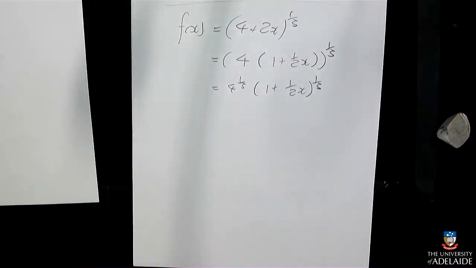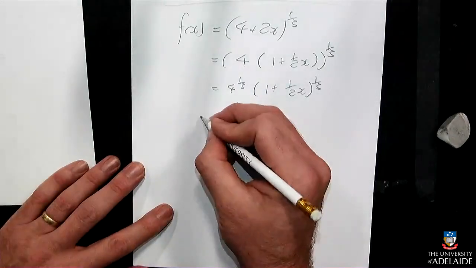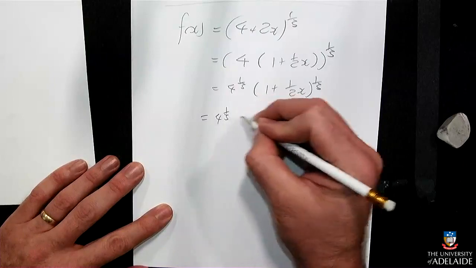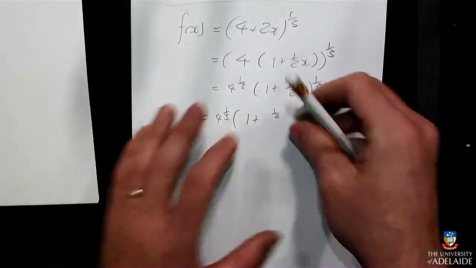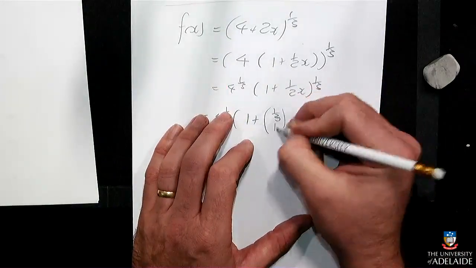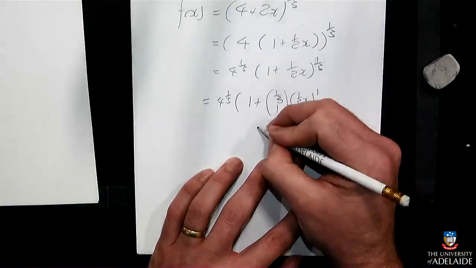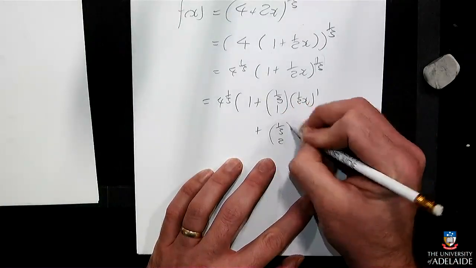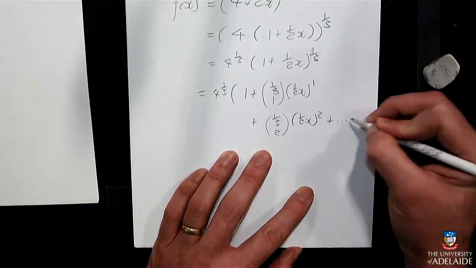And now I have something that does have a 1 in the right spot. And so I would go, well, that's 4 to the third times 1 plus a half plus a third choose 1, because that's from the power, times a half of x to the 1, plus a third choose 2 times a half of x squared, plus, and so on forever.